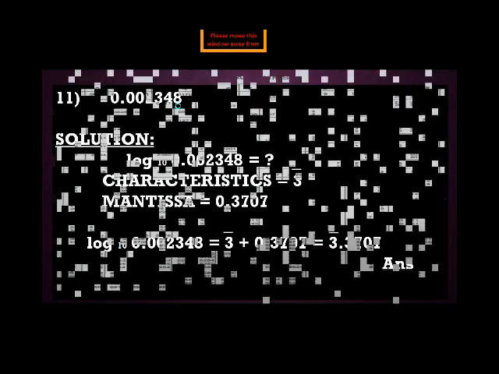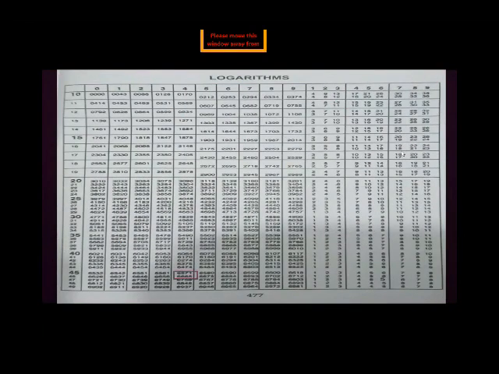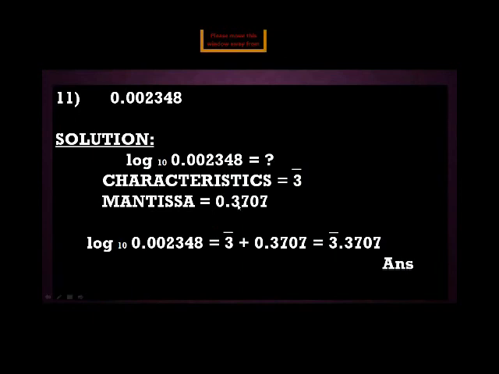So we see this 8 in the difference columns, and in row 23 under 8 we get 15. So 3692 plus 15, you will get 3707.